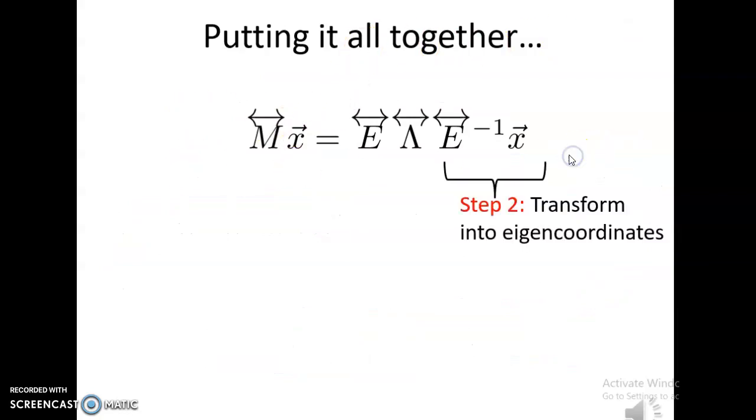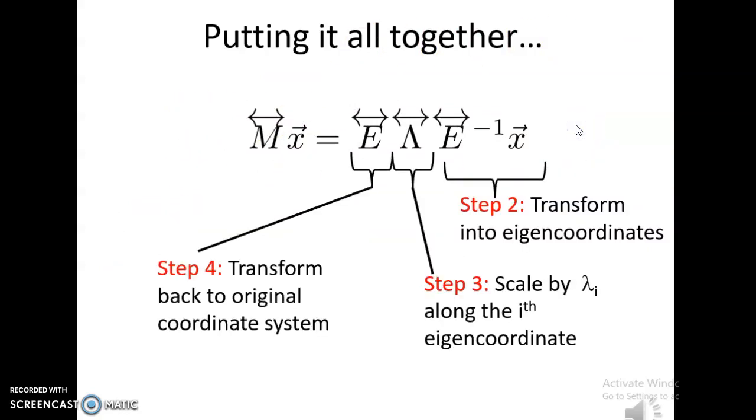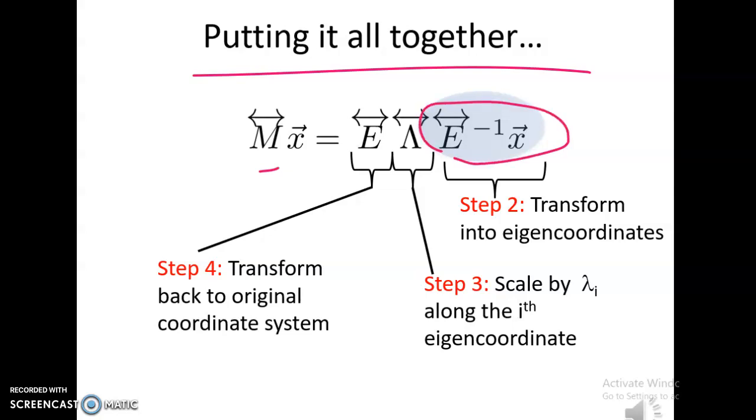Putting it all together, M times x vector equals E vector A E inverse x vector. Step 2, transform into eigen coordinates.